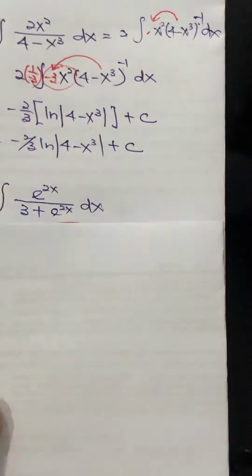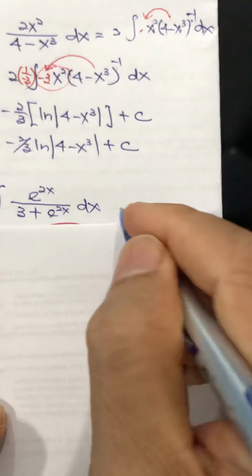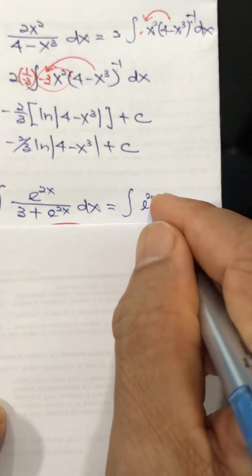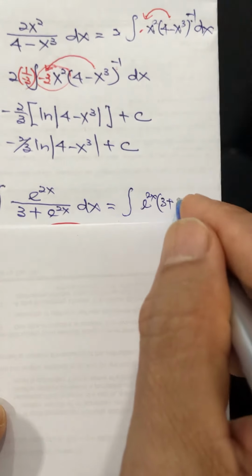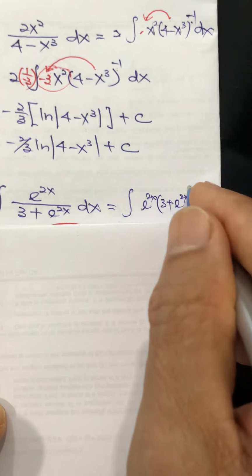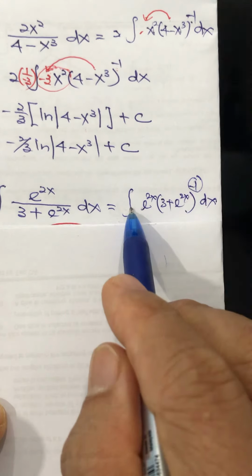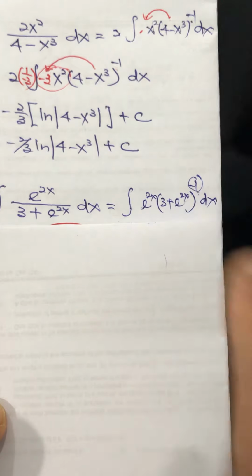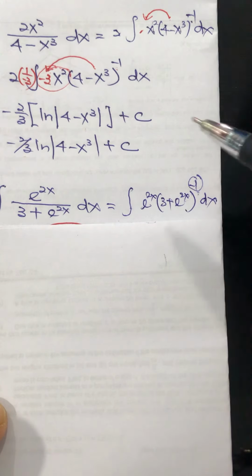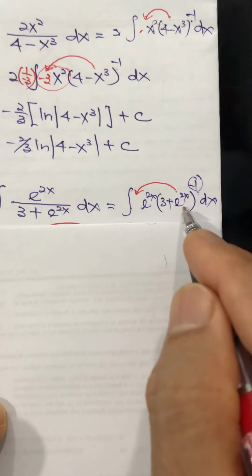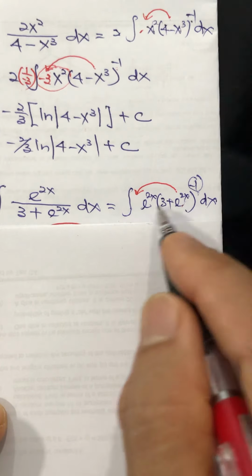Okay, next you come to this. Here also we can write it like this. Let's say I can write e to the x, and then this is 3 plus e to the x, to the power negative 1. Again, this is negative 1. Integration, you can change this one into ln, but with the condition that here you must have something else. That means you differentiate this, it's 2e to the x.